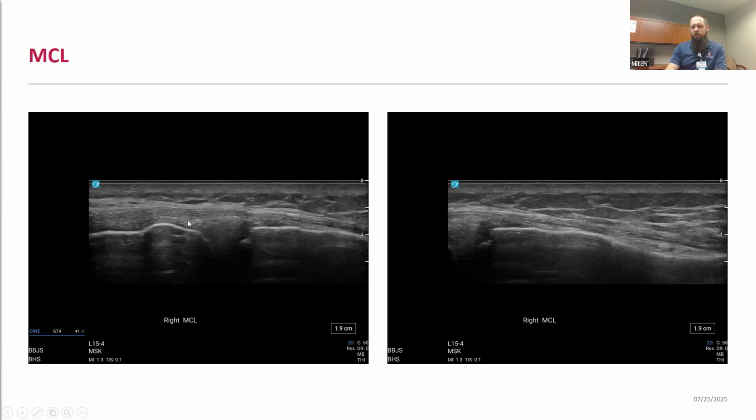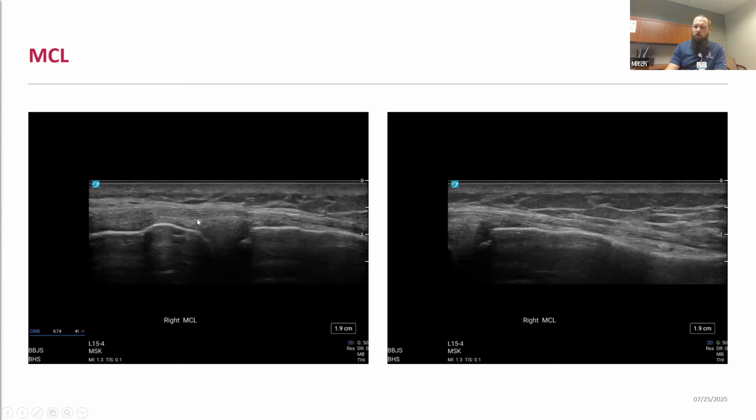Your grade 1 injuries will show normal fibrillar pattern and normal structure of the MCL, but may show surrounding anechoic or hypoechoic fluid. When you apply a valgus stress to the knee, if you measure the distance between the femur and the tibia, and then measure it again after applying a valgus stress, if you've got less than 5 millimeters of widening, that can also be an indication of a grade 1 injury.